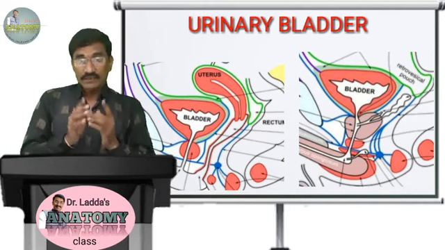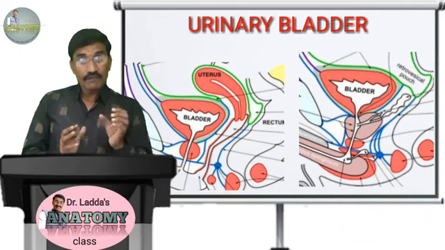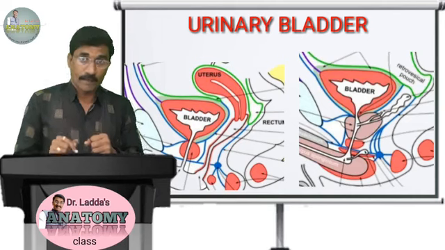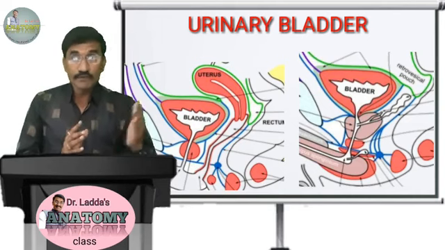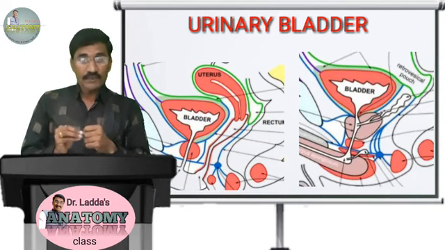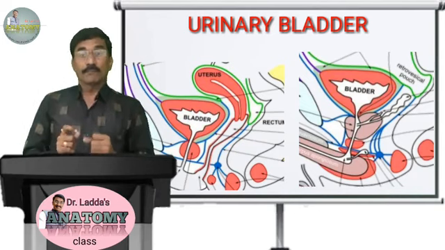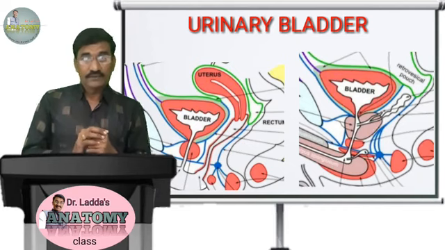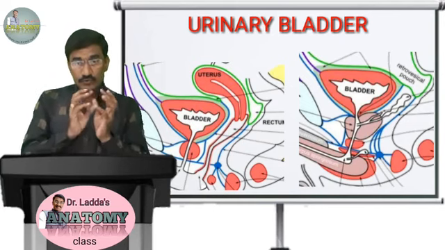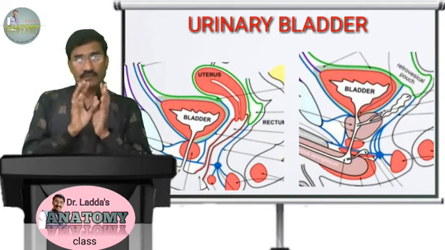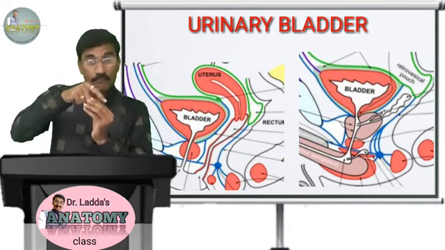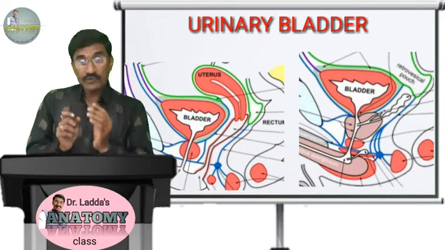In female, the neck is related with the pelvic fascia surrounding what? Surrounding directly the urethra, because there is no prostate. So in female, the neck is related with the pelvic fascia surrounding the upper part of the urethra, whereas in male, the neck is related with smooth muscle bundles which surround the bladder neck and the pre-prostatic urethra.